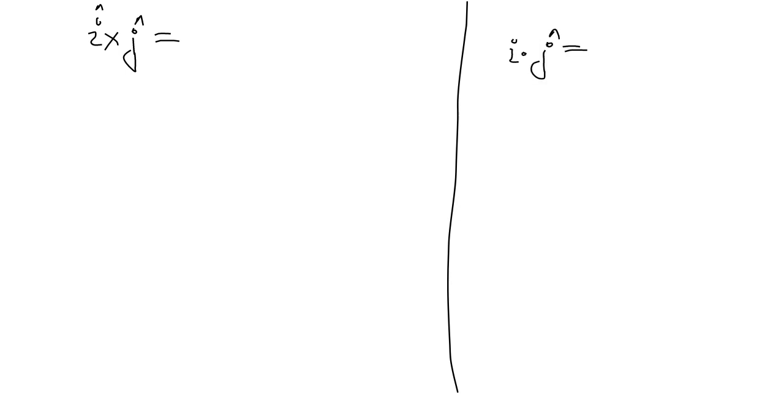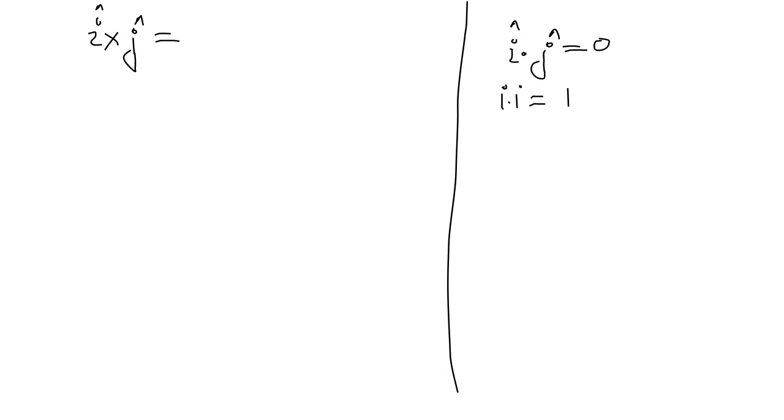Now there is another rule. If you have, for example, i cross j, what will be the result? For the dot product, do you remember the dot product? Does anybody remember the dot product of two vectors? i dot j is equal to what? 0, and i dot i is equal to what? 1.